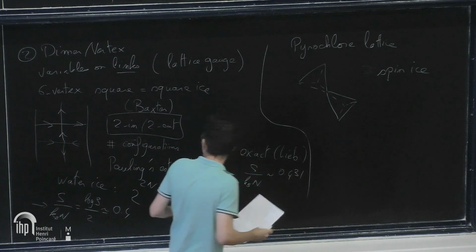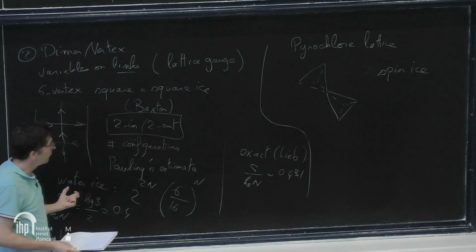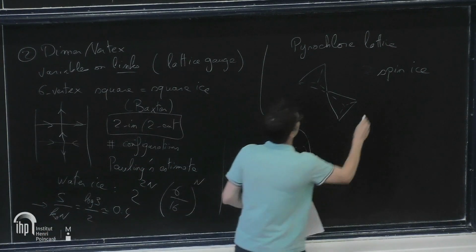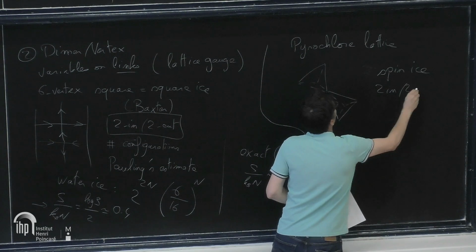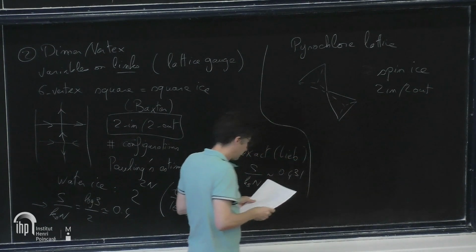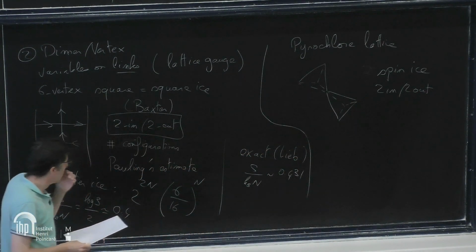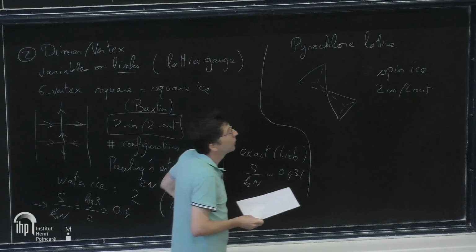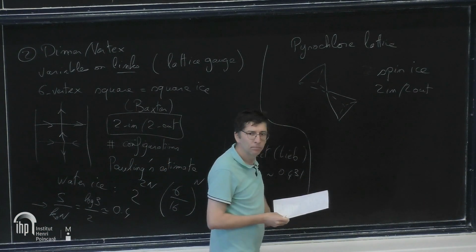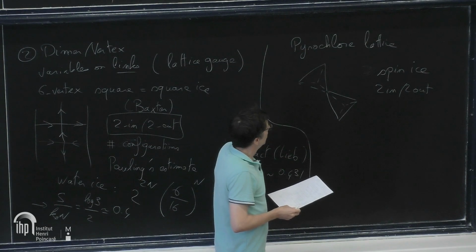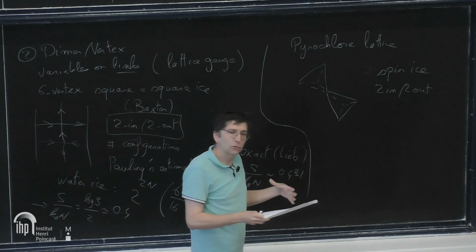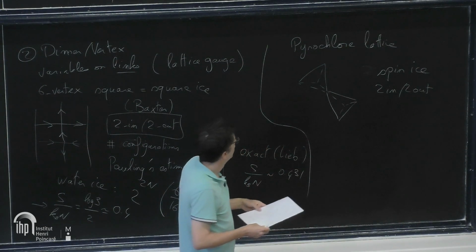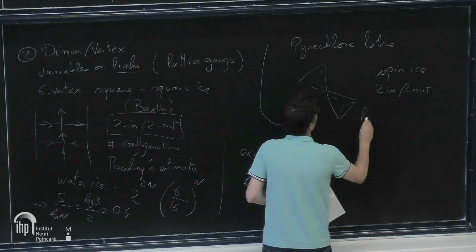Okay, you understand this rule? Ice simply means that it comes from water ice. You have this 2 in, 2 out. And the nice thing about this, what has been very popular in this field, is that when you do a very simple coarse graining approximation, you have a local constraint.